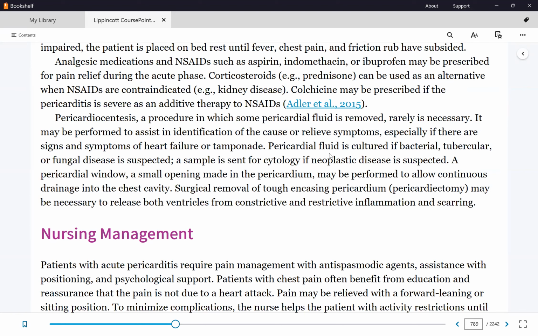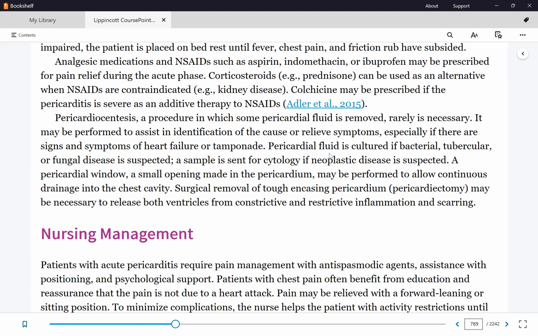Because if it's cancer causing the effusion, meaning the fluid collection in the pericardium, it's likely to reoccur. So are we going to subject this patient to repeated needle sticks of that 8-inch, 14 gauge needle? No.